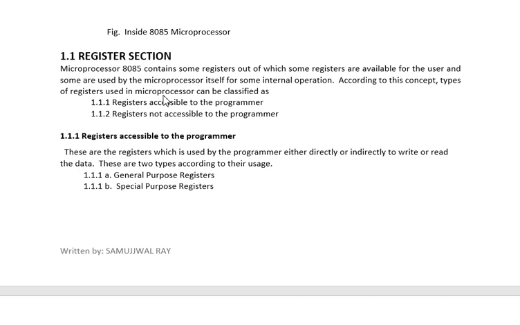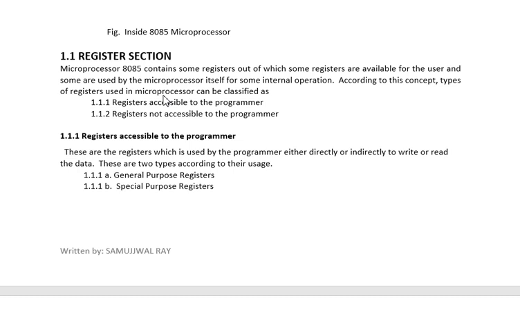Some registers are accessible to the programmer or the user, who uses those registers to perform operations, or to run the program and execute the instructions. Data and instructions are kept in some registers, so these are registers which are accessible to the programmer.